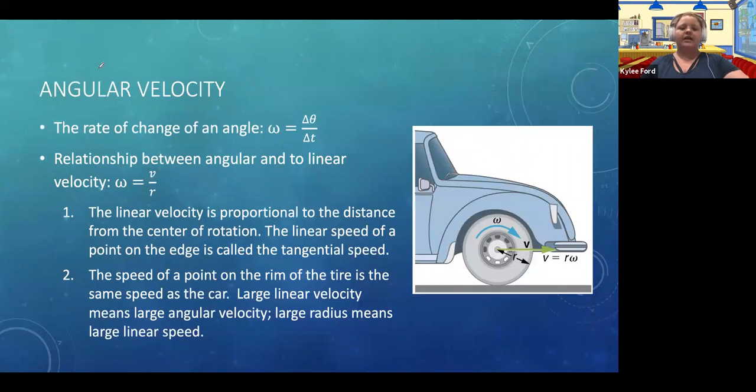Then we have angular velocity. Velocity, remember, is some kind of rate of change. Instead of a regular velocity, delta x over delta t, a change in position over a change in time, now we have a change in that rotation angle over some change in time.